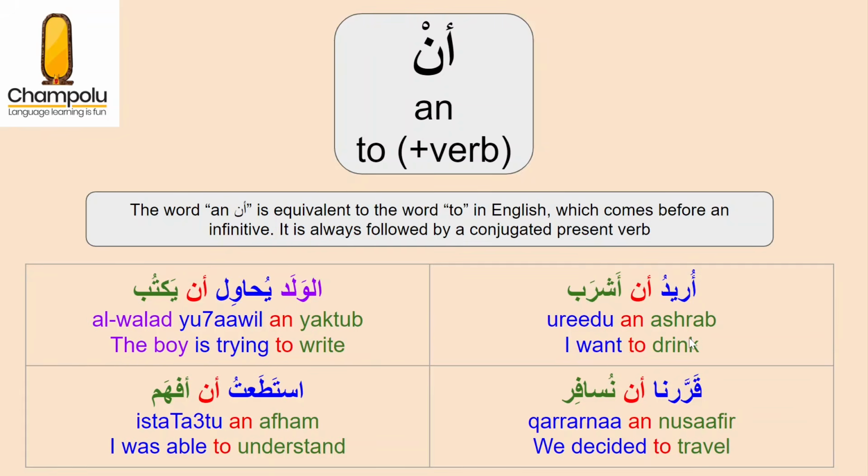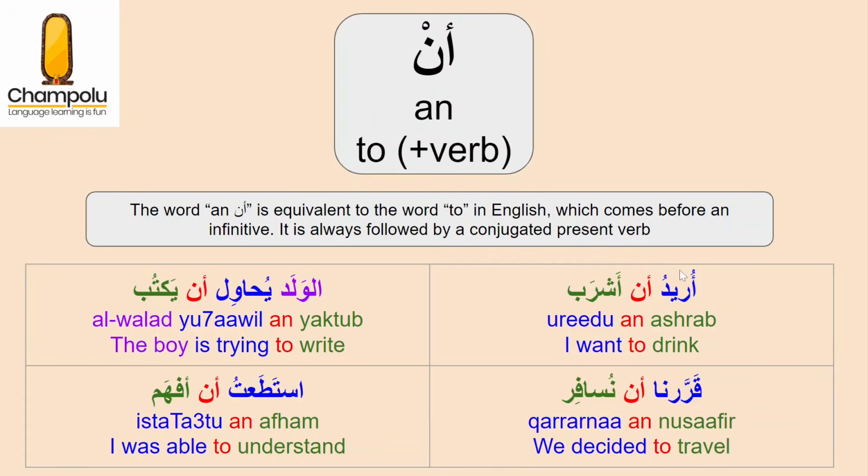I want to drink. So here أن is simply the equivalent of "to," and then أشرب is the verb to drink, but it still needs to be conjugated with the same conjugation as the first verb, which here is the first person.